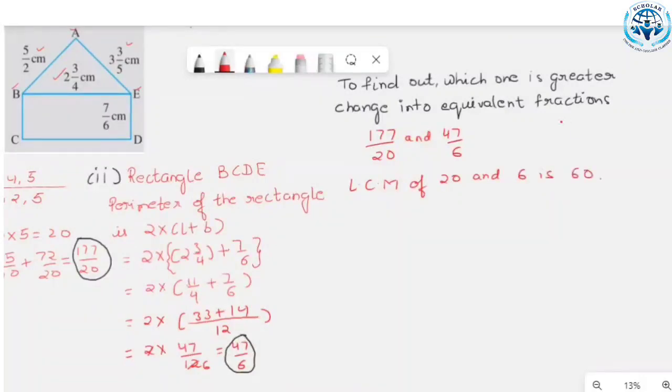LCM of 20 and 6 is 60. Convert them into equivalent fractions. 177 upon 20.